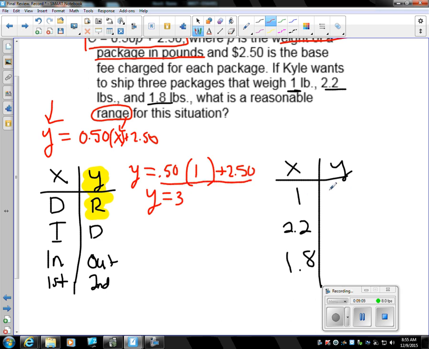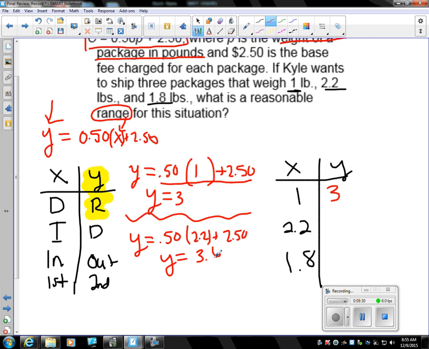So the first value in my range is 3. Now let's plug in the second X value. Y equals 0.50 times 2.2 plus 250. Okay, that's going to give me a Y value of 3.6. So the second value in my range is 3.6.